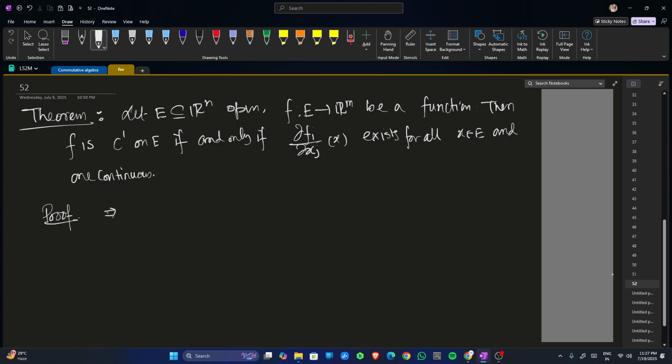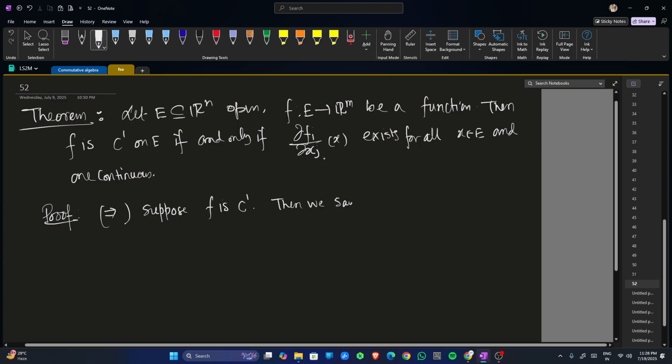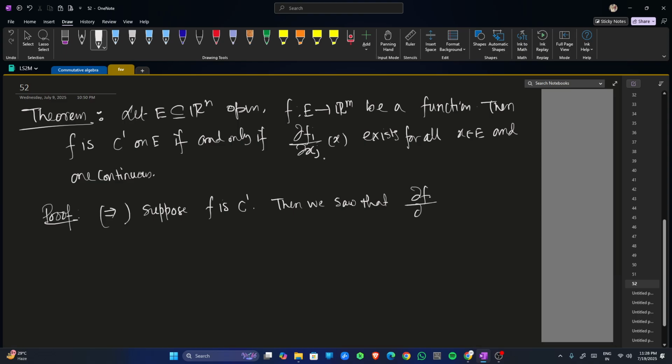This part: suppose f is C1. Then we saw that del f_i del x_j at x exists for all x.